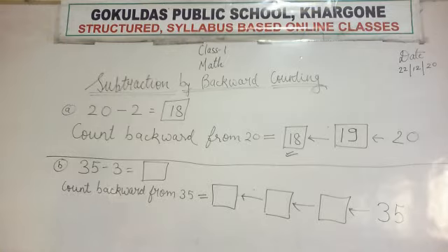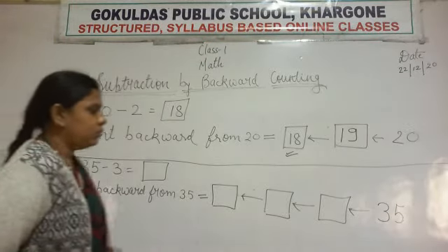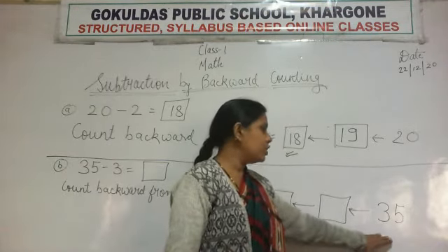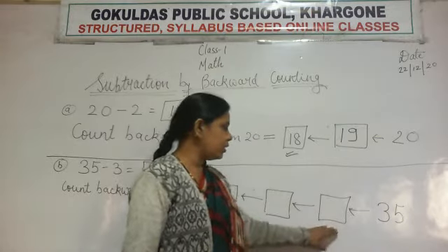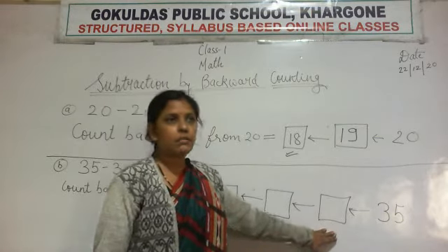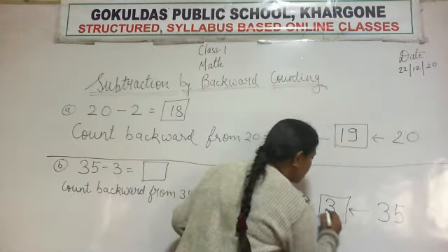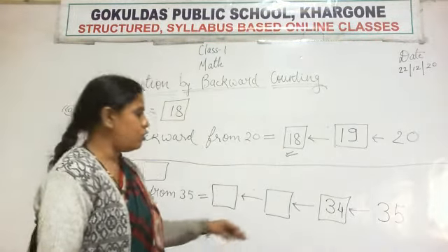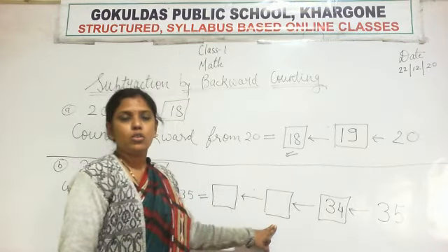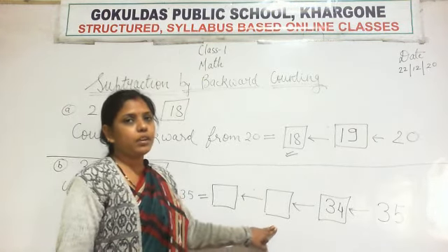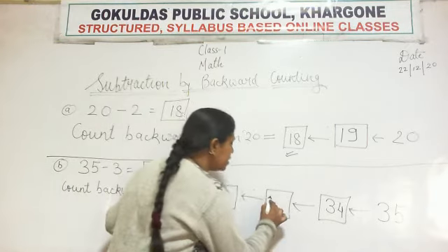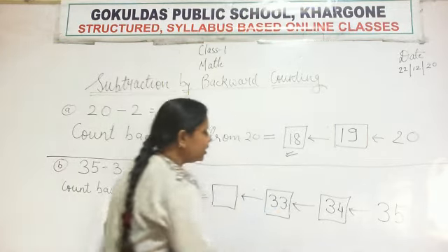Written. Now see, the number written here is 35. Now which number will come before 35? The number that comes before 35 is 34. Now one more box is there. So again write the number that comes before 34, which is 33.